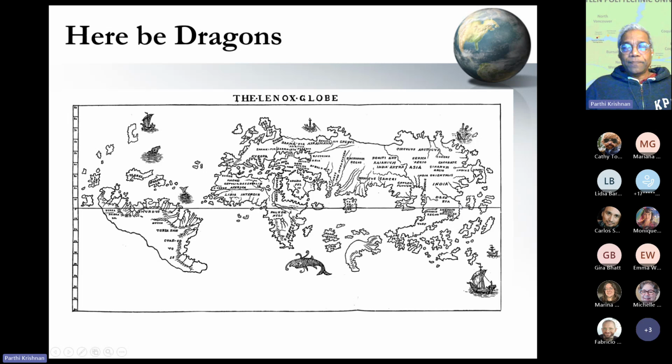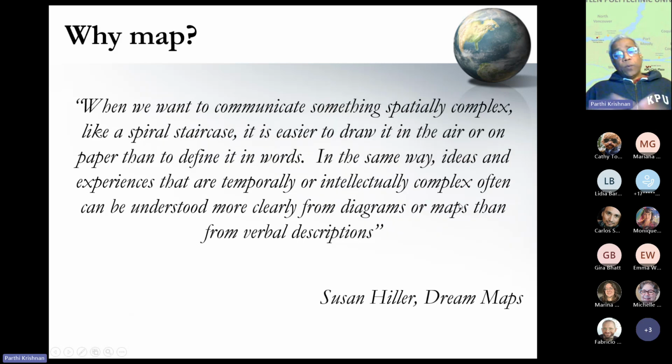The next question I want to deal with is why we map. So as you can see here, Susan Hillard, in her book, Dream Maps, very succinctly describes why we map. We map because we want to communicate something that is spatially complex, like a spiral staircase, and it is easier to draw it in the air or on paper than to define it in words.